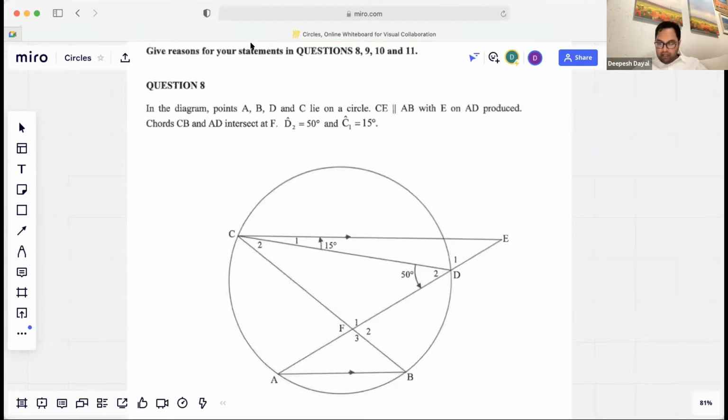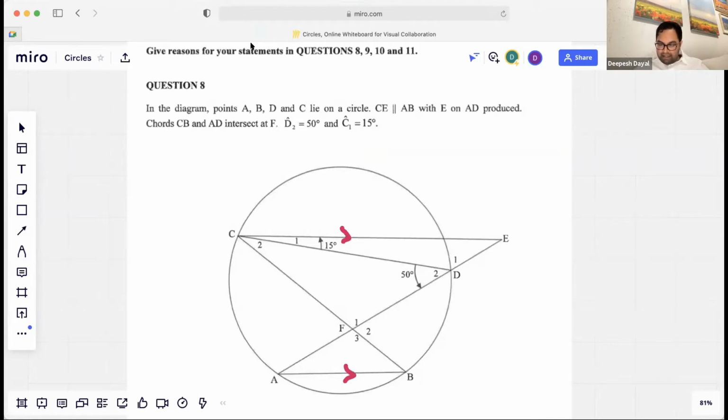Okay, so it says here in the diagram, points A, B, D, and C lie on a circle. CE is parallel to AB. You can see they've provided us with parallel lines. And E and AD produced, so it extends beyond the circle.